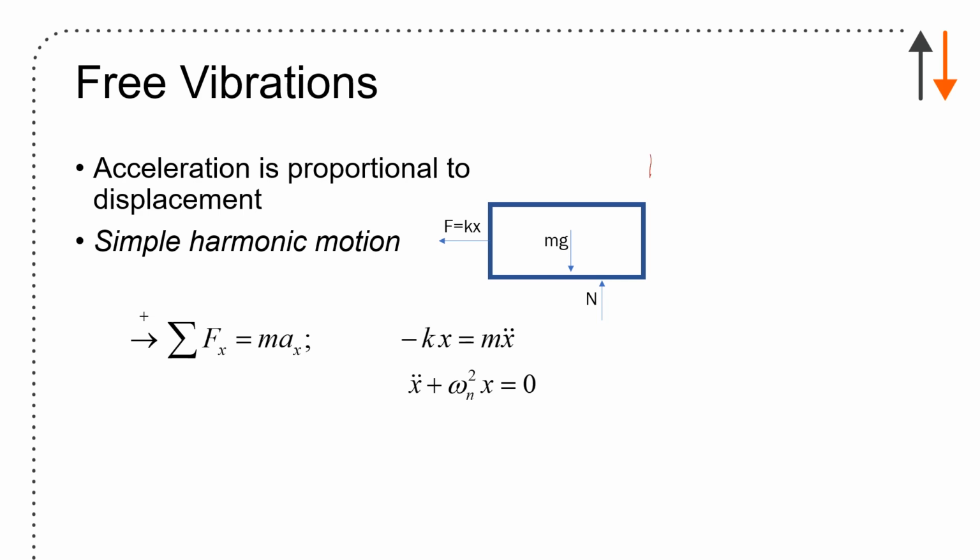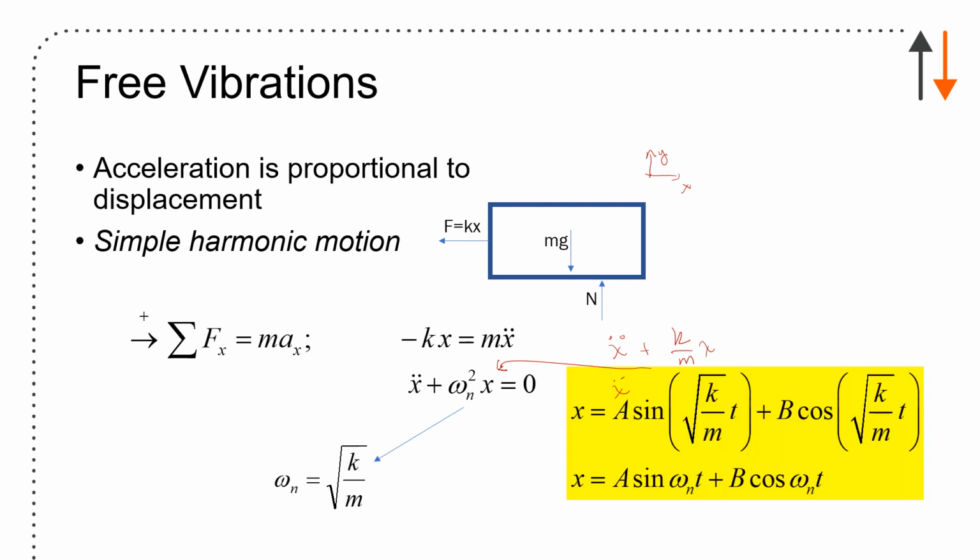And if I was careful, I would have written my x and y coordinates here. And so if I do the sum of forces in the x direction, it's really just going to be the spring force, minus kx equals m x double dot. And I'm going to write this as x double dot plus k over m x equals zero, where omega n squared equals k over m.